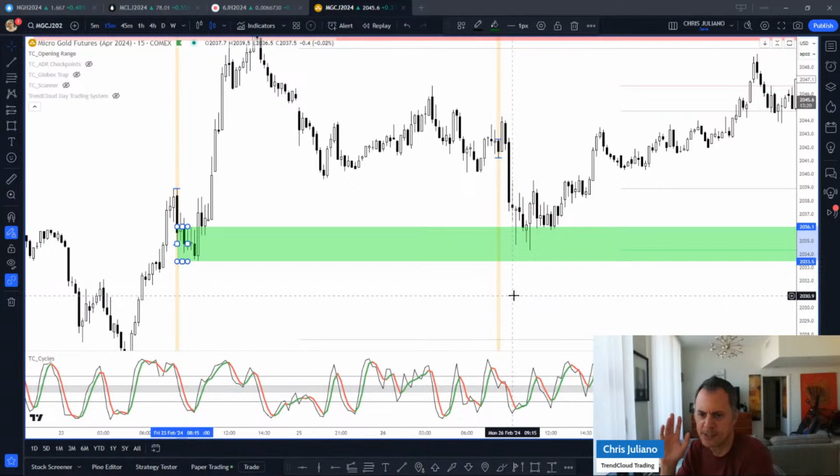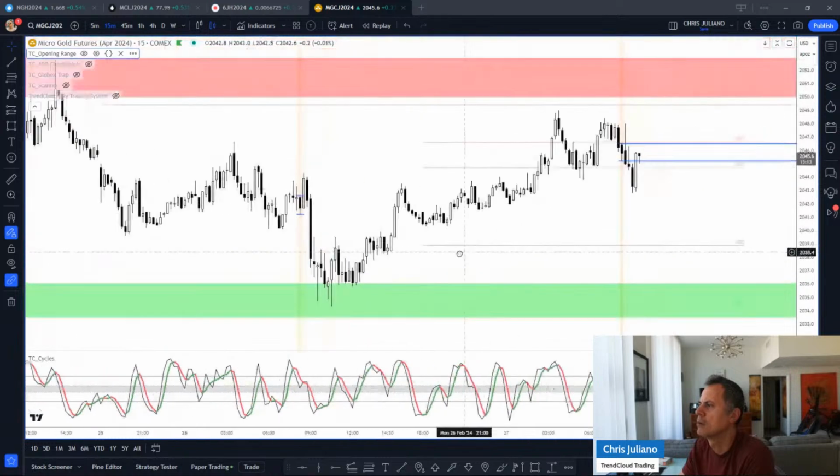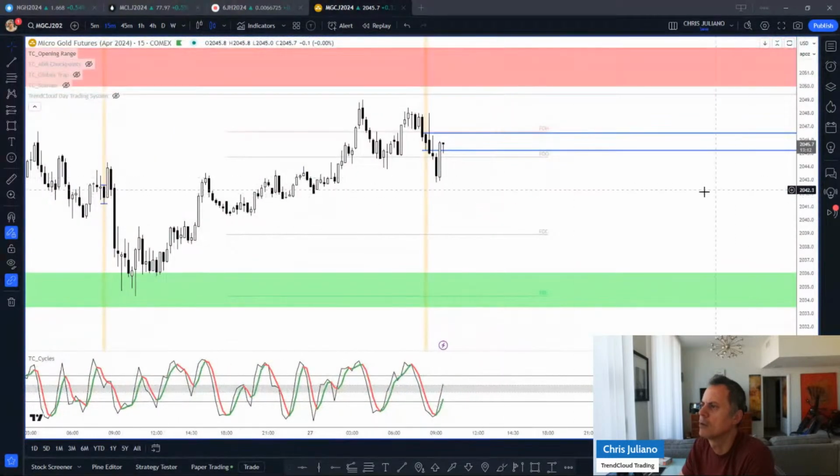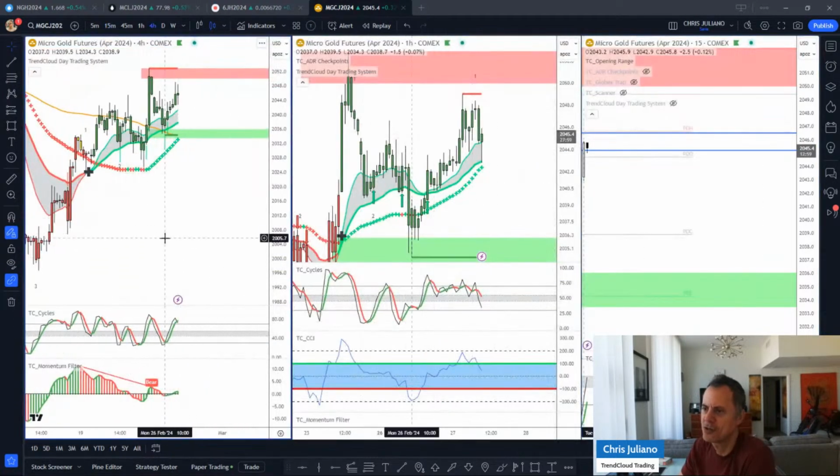That's the thought process that you've got to go through. There's more room to the downside here against all of that momentum and trend, right? You just never know what's going to happen.